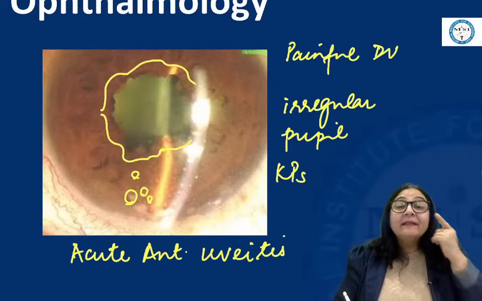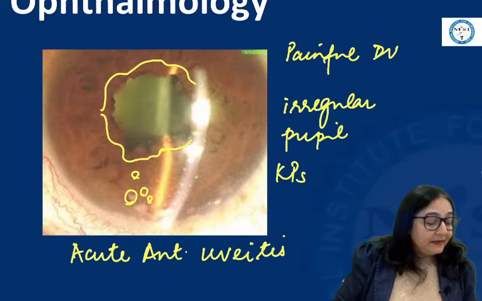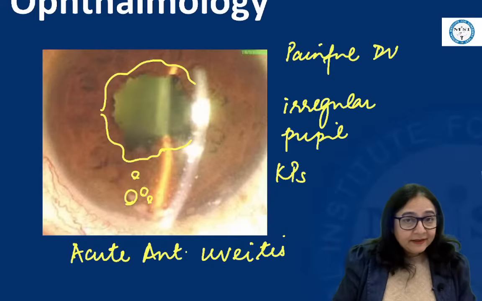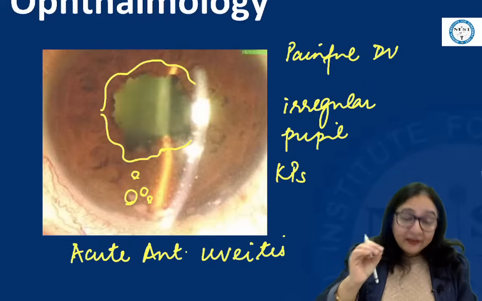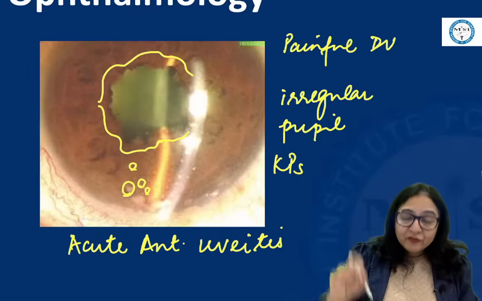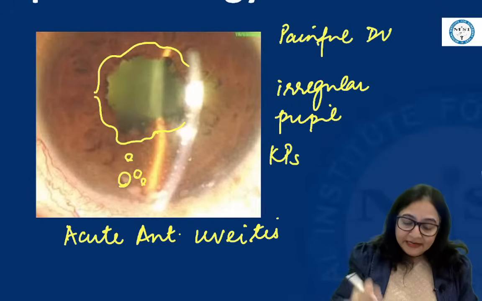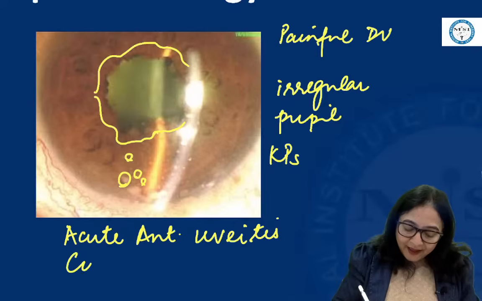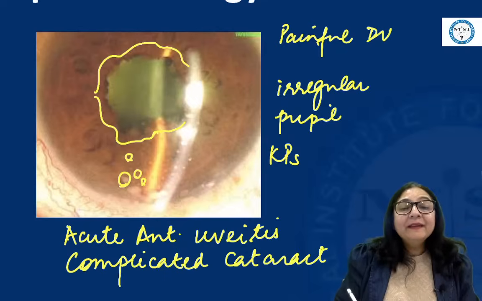So the patient is having recurrent episodes of acute anterior uveitis. Right? Now if this patient develops cataract, the type of cataract which occurs in cases of acute anterior uveitis is called complicated cataract. Remember, it's called complicated cataract.